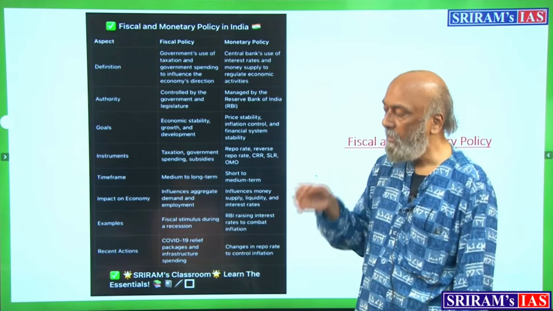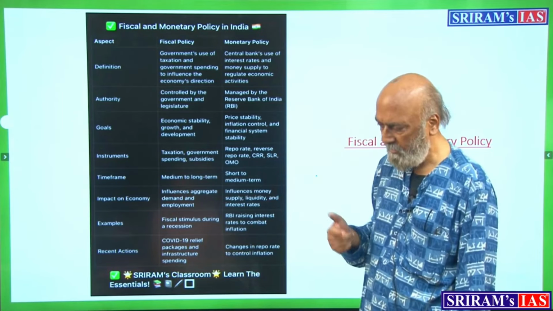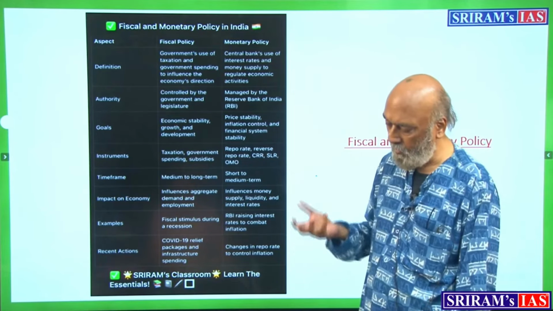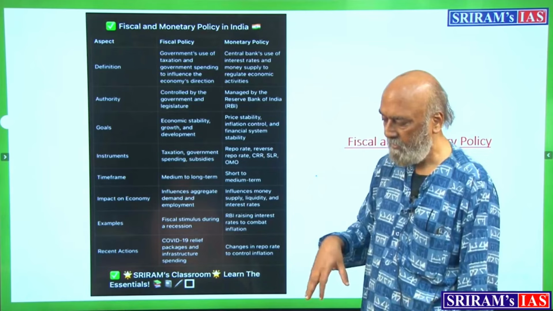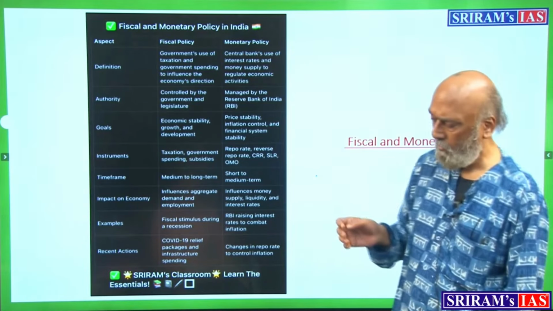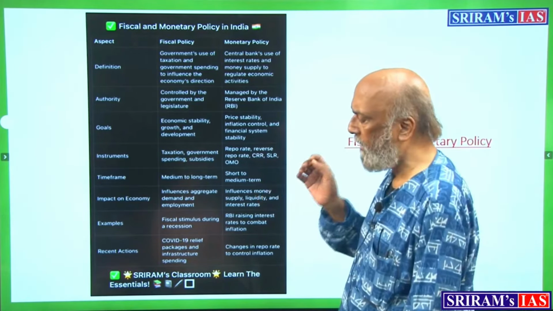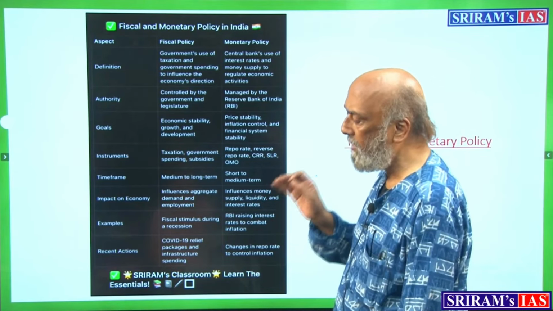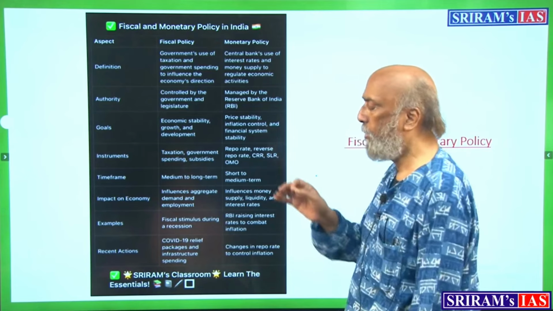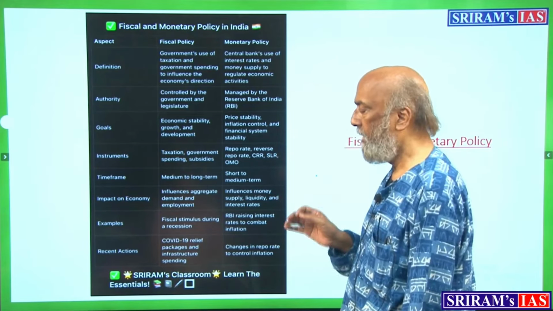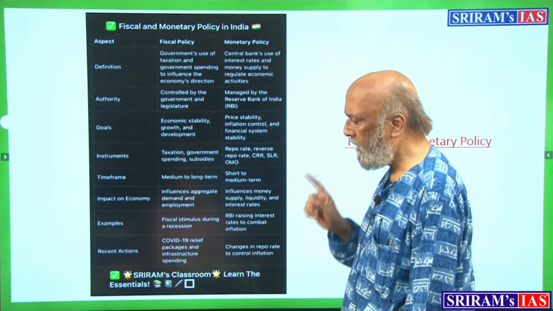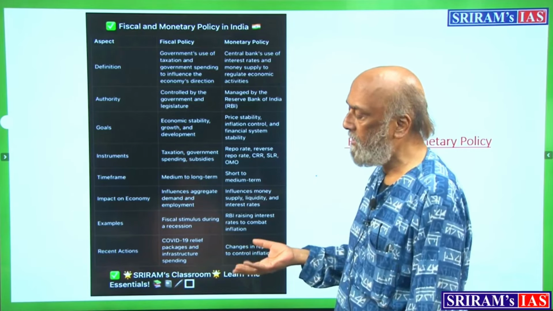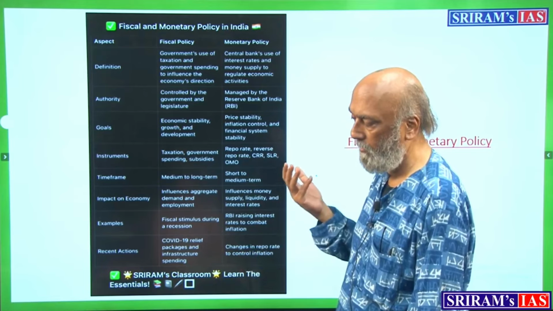RBI can't print and give me money unless we are on the escape clause, which is invoked when there is a crisis, COVID, etc. So your question is, how does the RBI come into the picture under the FRBM? Yes. It can't print and lend to the government. It can only borrow and lend to the government. It can print and lend only in an escape clause, which is when there is a financial crisis. You got it now? Yes.